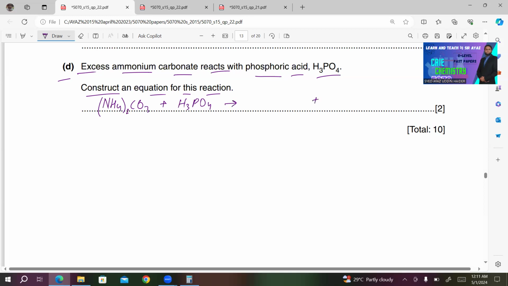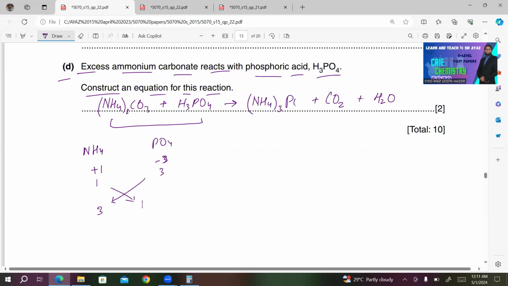One product is carbon dioxide, CO2. The other is water, H2O. And the last is the salt formed between the ammonium ion, which carries +1 charge, and the phosphate ion, which carries -3 charge. Ignore the charges; the subscripts will be exchanged. So we get (NH4)3PO4.